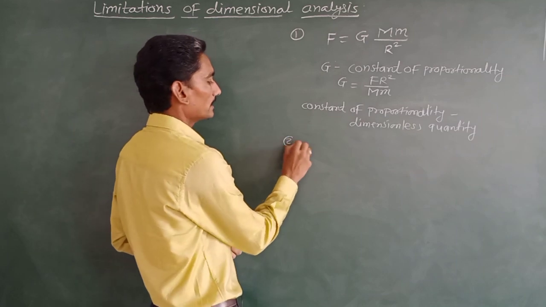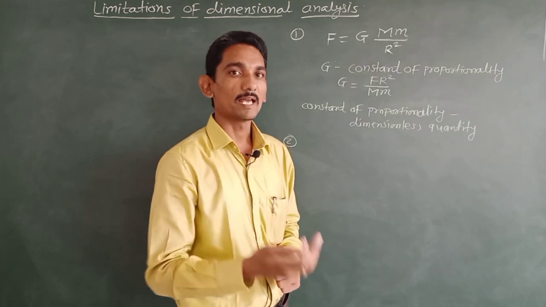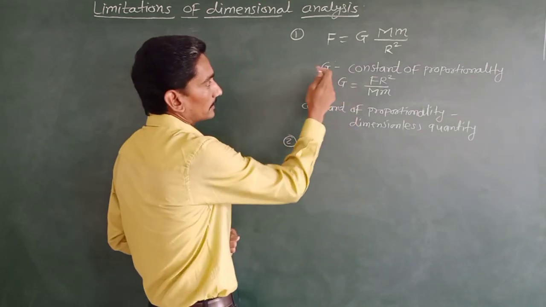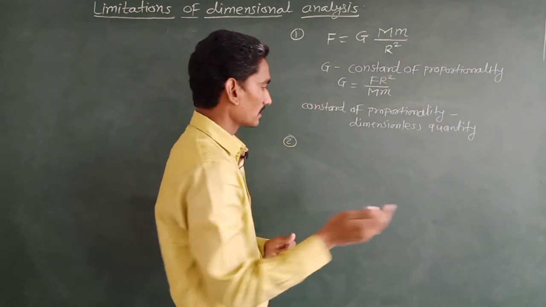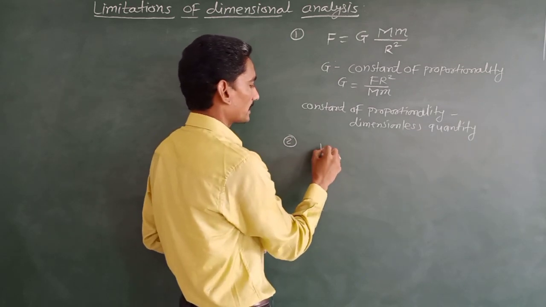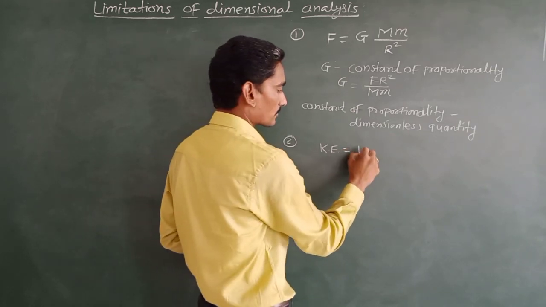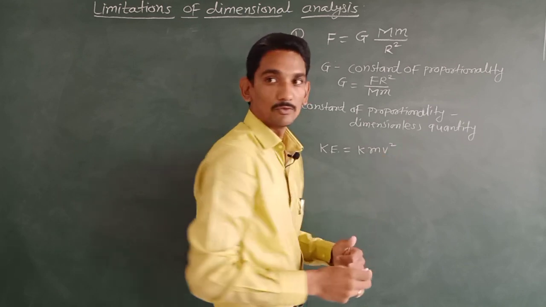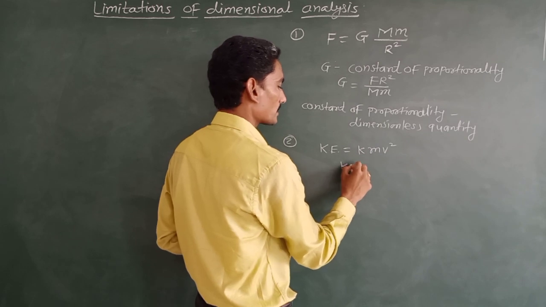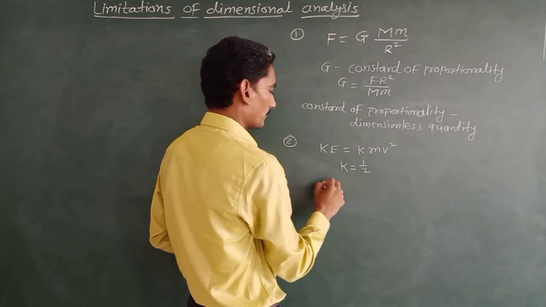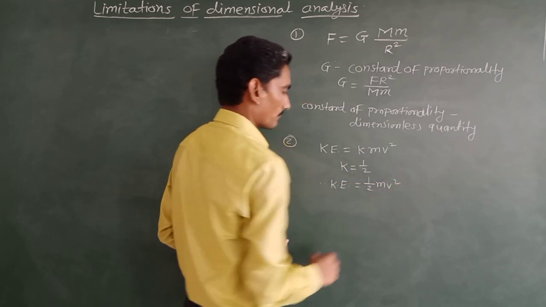Then the second limitation regarding the use of dimensional analysis concerns the value of the constant of proportionality. We are again going through an example, that is kinetic energy. We know the relation for kinetic energy: kinetic energy equals K m v square, and in this equation the value of the constant of proportionality is half, and therefore we write kinetic energy equals half m v square.